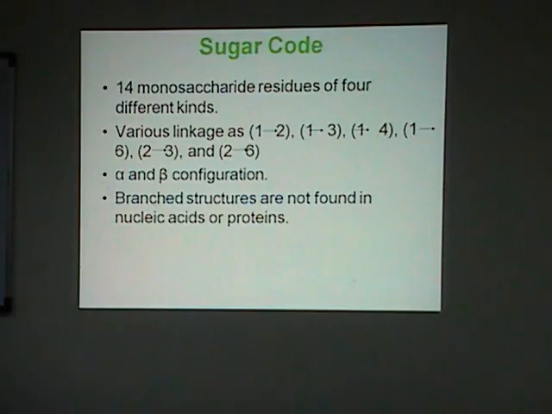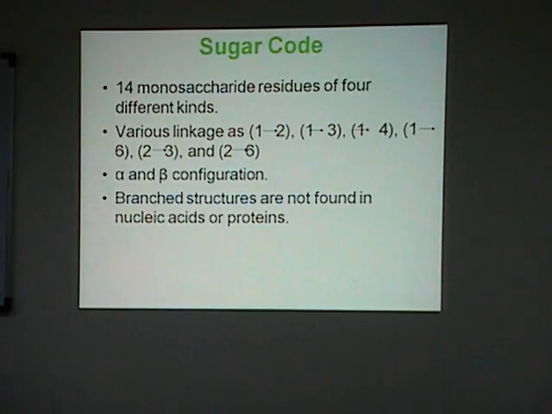Alpha and beta configuration. Branched structures are not found in nucleic acids or proteins. That is only a simple linkage. Alpha, beta configuration, DL configuration, and all these linkages. In protein, amino acids are in the form of a chain only.